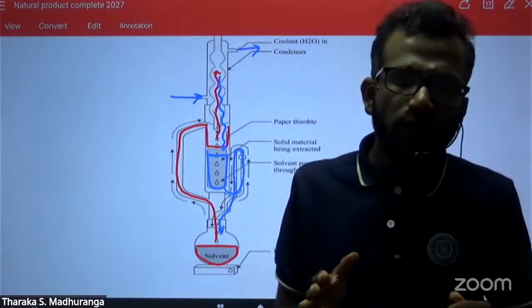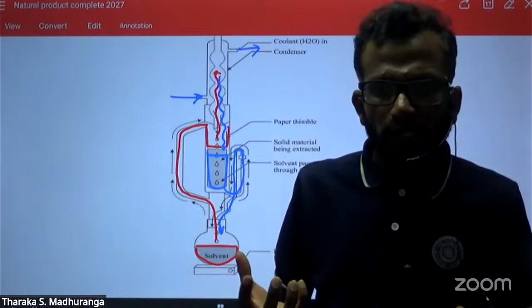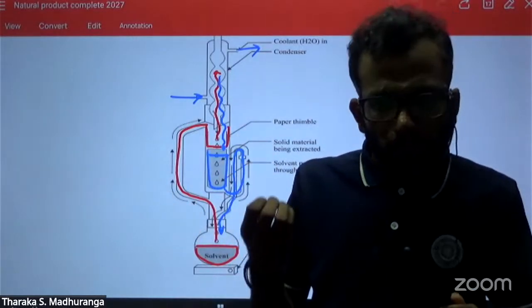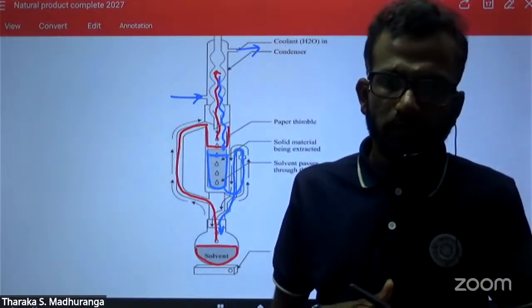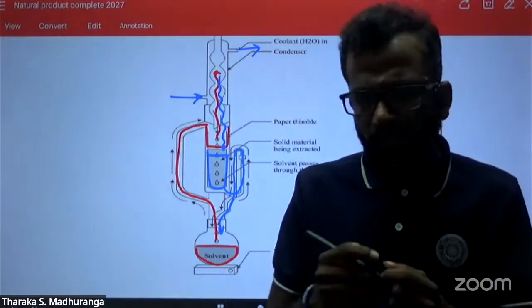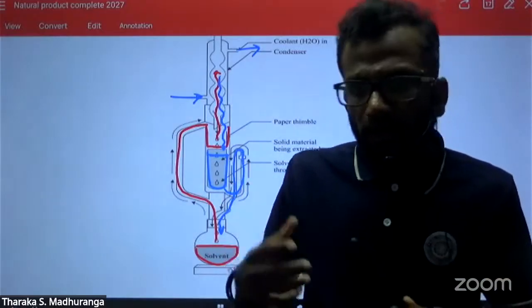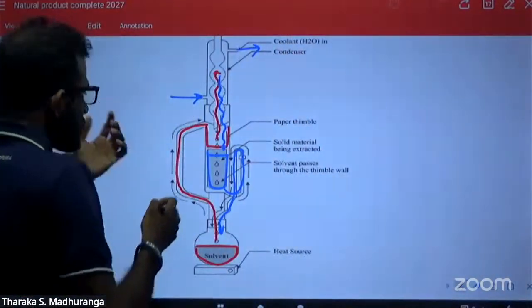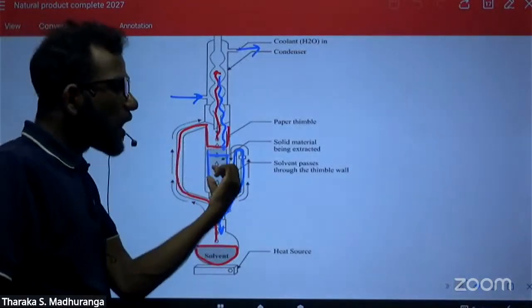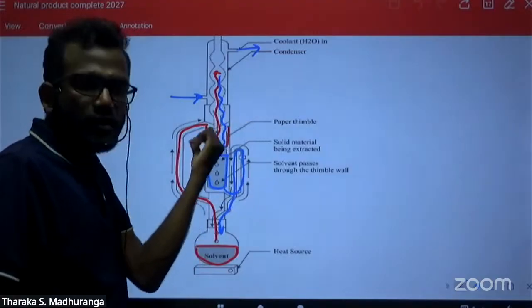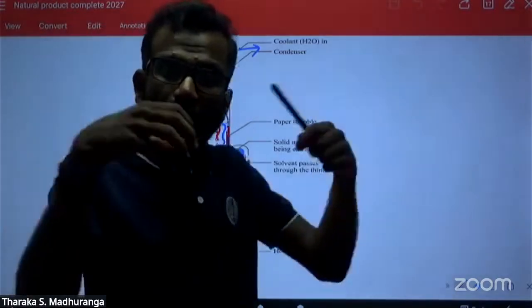The main advantage is that they get the maximum amount of compound into the solvent. That's the main advantage, other than fewer impurities and other advantages. The plant material and the solvent vapor are in contact.